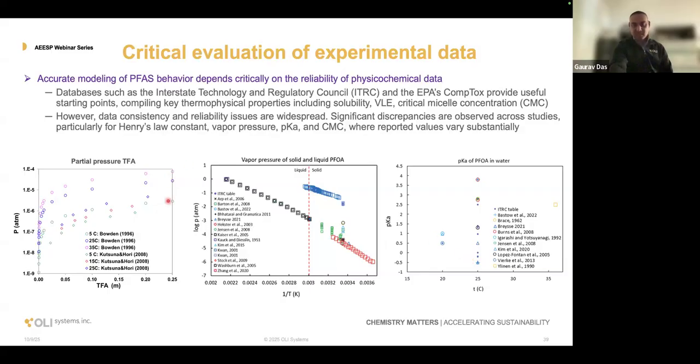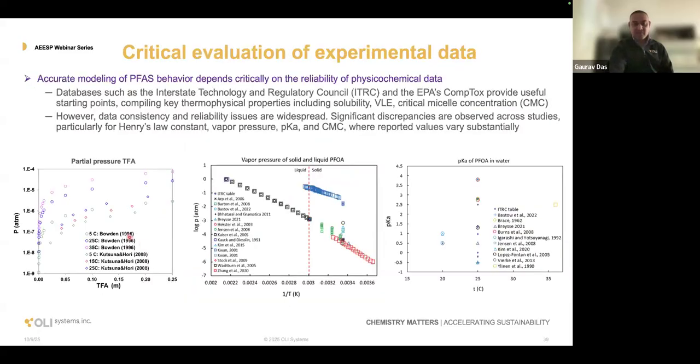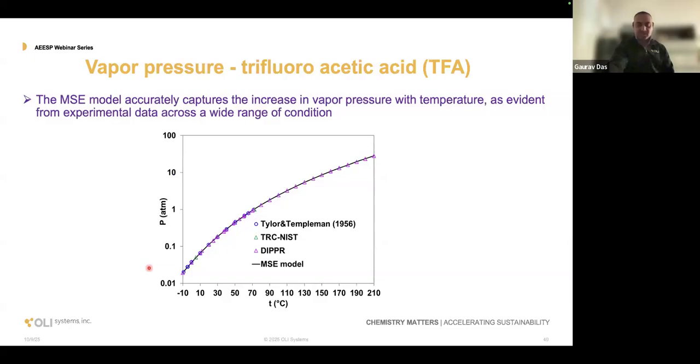And we actually do utilize different sources of data to come up with a model. For example, between Bowden and Kasuna and Hori, we make the call on which data to use in order to parameterize our model.